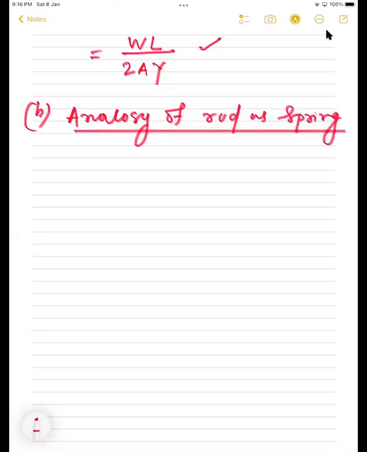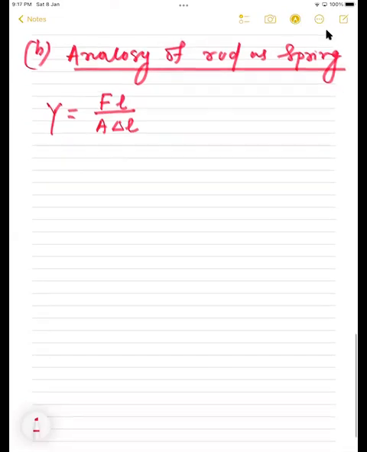That means, friend, what is Young's modulus? You got Young's modulus Y is equal to F into length L by area into delta L. Yes or no? So from here only you can find the force is equal to how much? A into Young's modulus by L into delta L. This is the force, right?